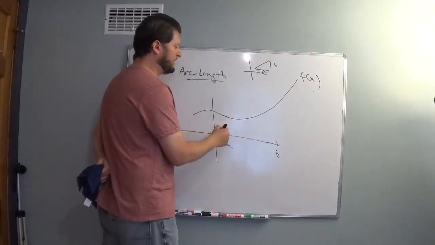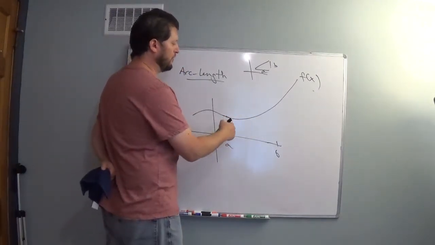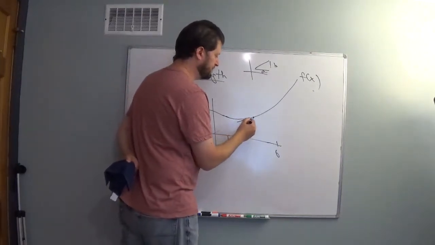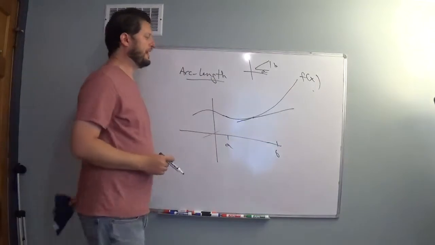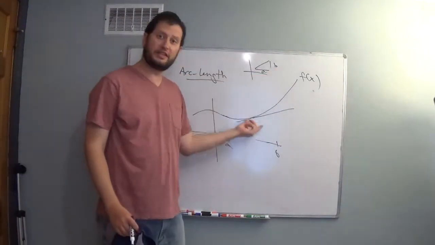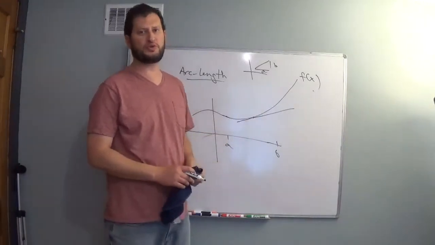The way that we get the length of those straight lines is essentially by looking at the tangent line. If I have a tangent line to the curve, then I can pretend that the curve is the tangent line on a small portion.